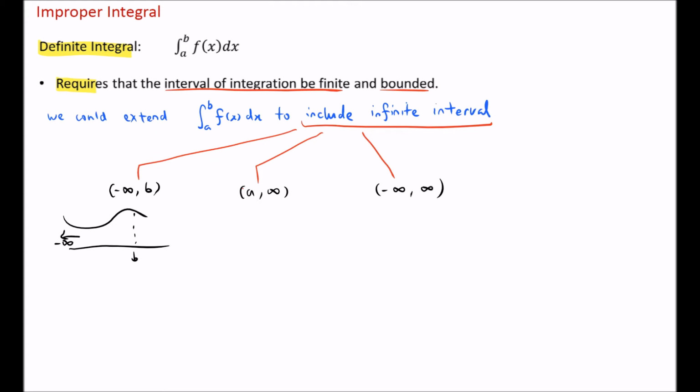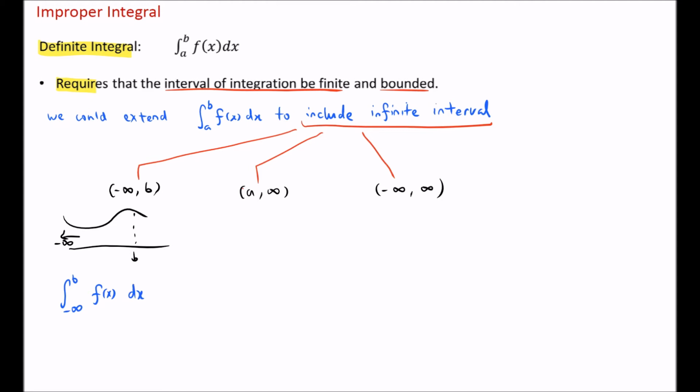When you are finding the definite integral of an infinite interval, we are actually doing improper integration. So the improper integration will look like that: integrate from negative infinity to b of f(x) dx.